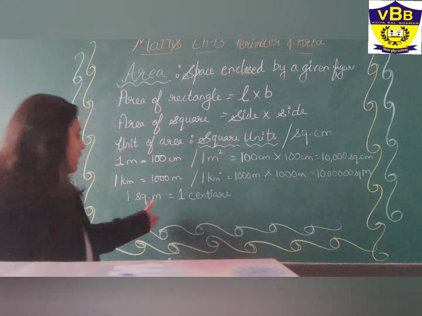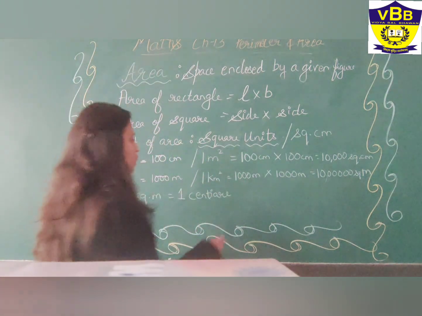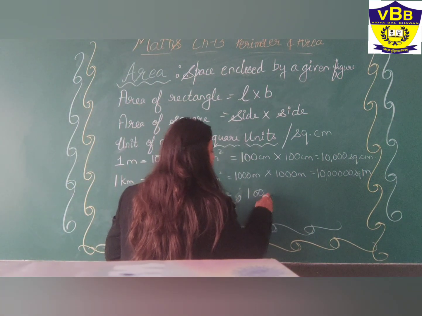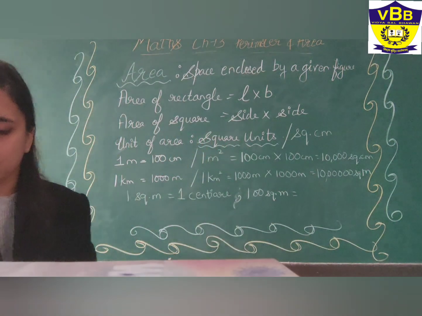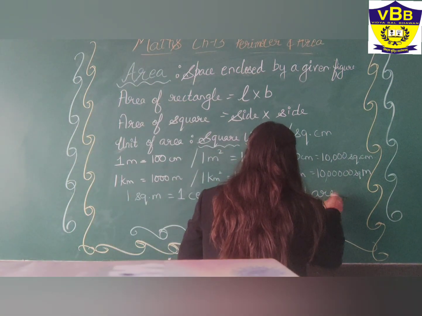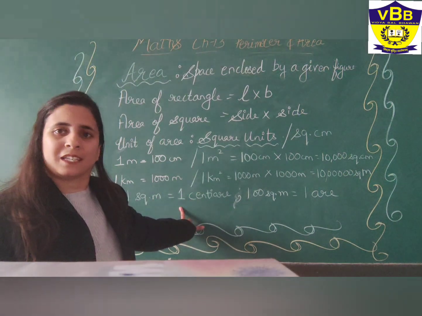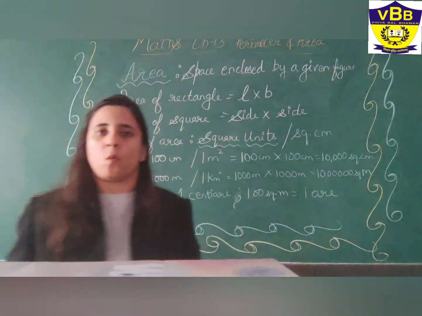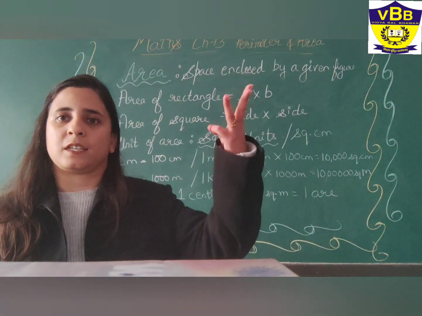Next comes 100 square meter. 100 square meter can also be said as 1 aire. So 1 square meter is equal to 1 centiaire, whereas 100 square meter can be said as 1 aire. These are the units: centiaire, aire, hectare.